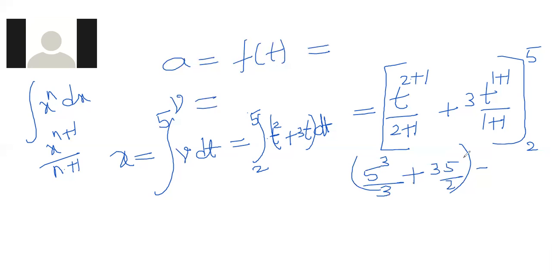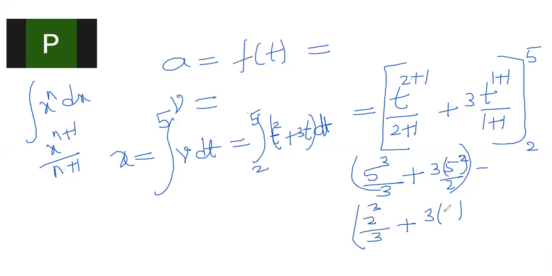Minus 2 cube by 3 plus 3 into 2 square by 2. Yeah, I'm checking whether you're sleeping or alive. 3 times, what will come here? 2 square by 2. Understood that?